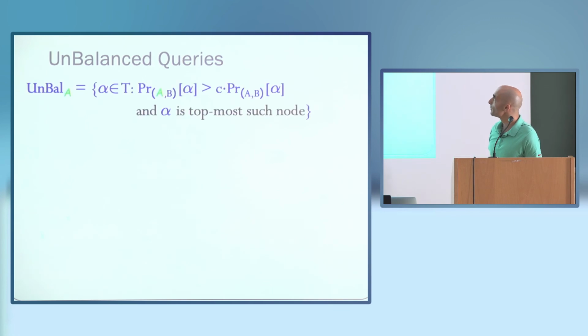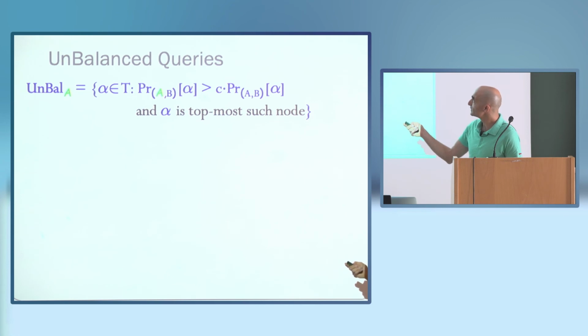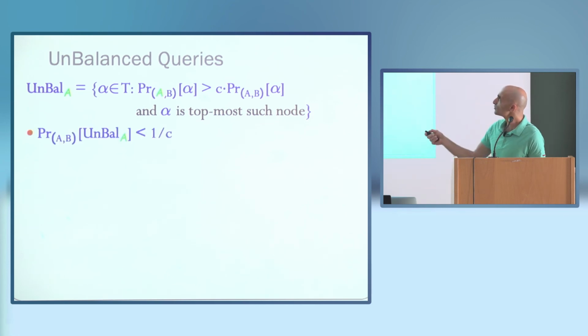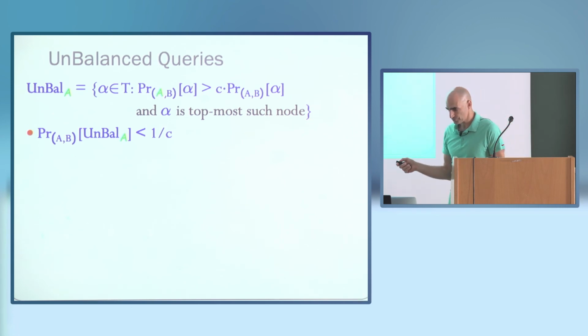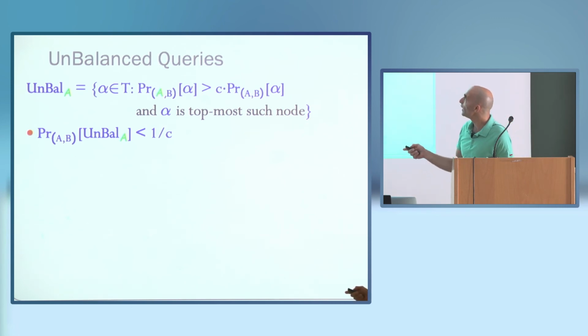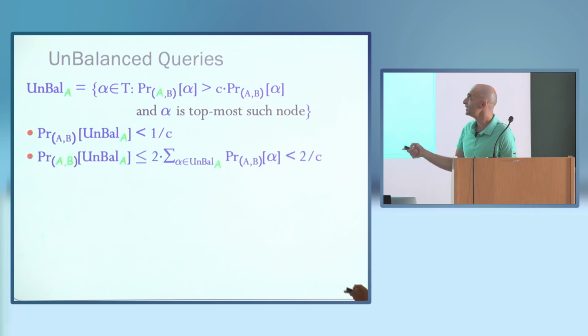So how do we deal with unbalanced queries? This is the partial frontier of unbalanced queries. First of all, we've already seen that the probability of all honest falling there is 1/c.